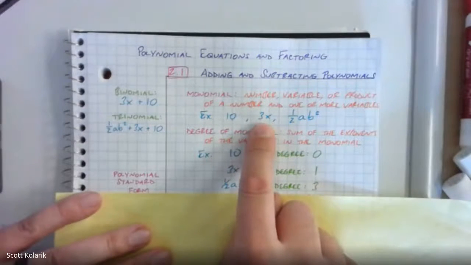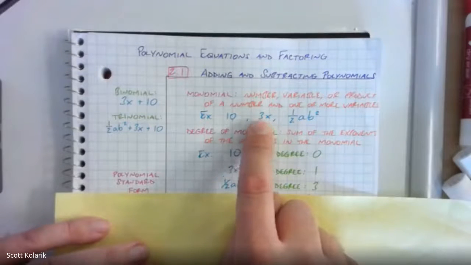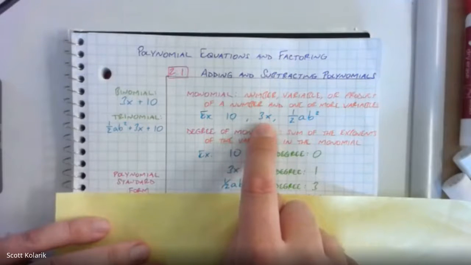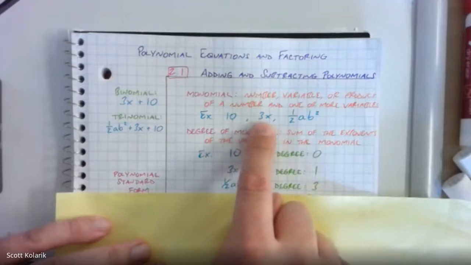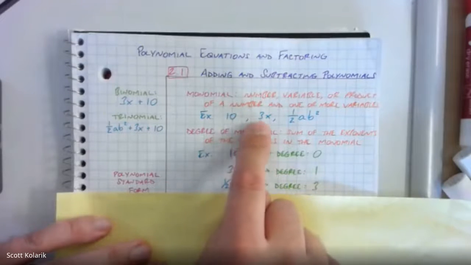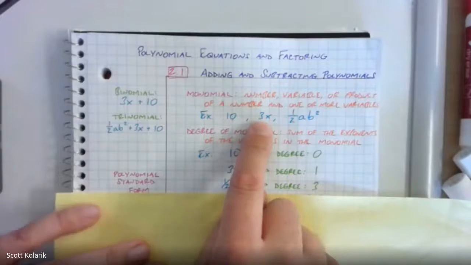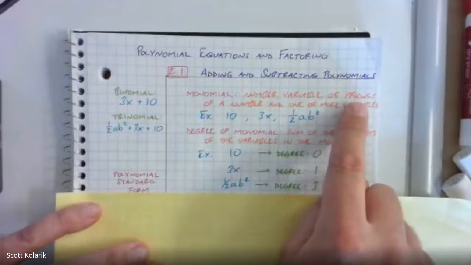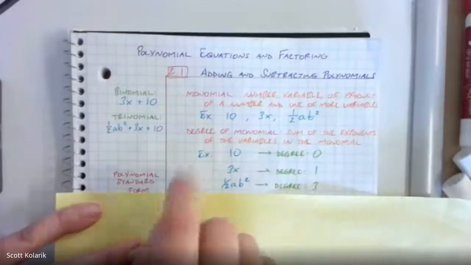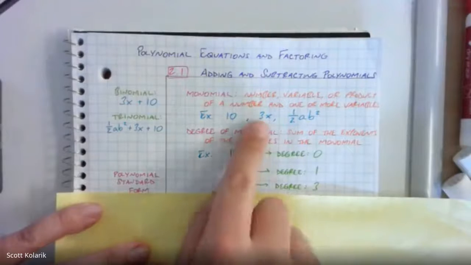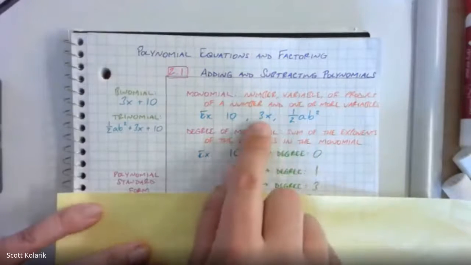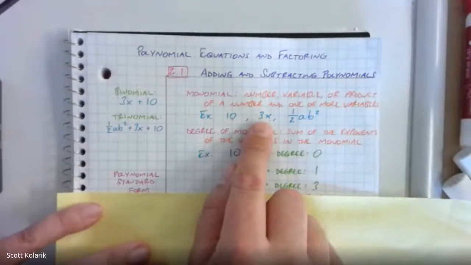Something that we're familiar with, like 3 times x. 3x is a monomial. That's not two monomials. This is a single monomial. The reason it's in the definition is it involves a product or multiplication of numbers and variables. If it can be smushed together into a single term like 3 times x or 3x, it's a monomial.